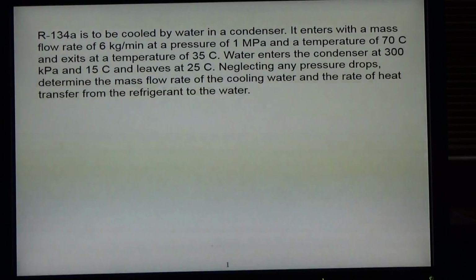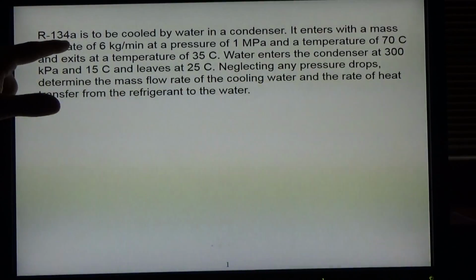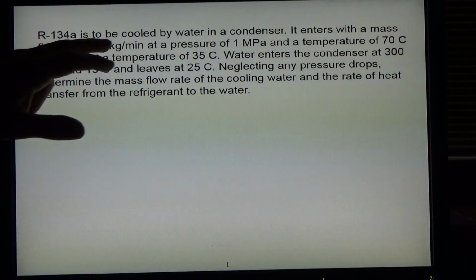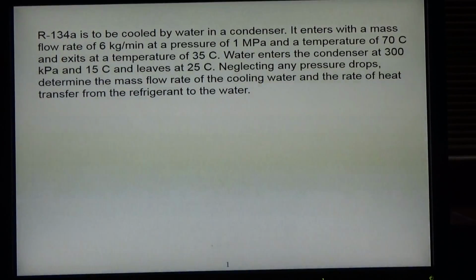It's a specific type of heat exchanger where whatever is the hot substance, in this case R134A, typically will come in as a superheated vapor, and it's called a condenser because at the exit of the heat exchanger, the hot substance changes from a superheated vapor down to a liquid. So basically it condenses it. So we have two substances here. R134A is the hot one, and then the cooling substance is the water.